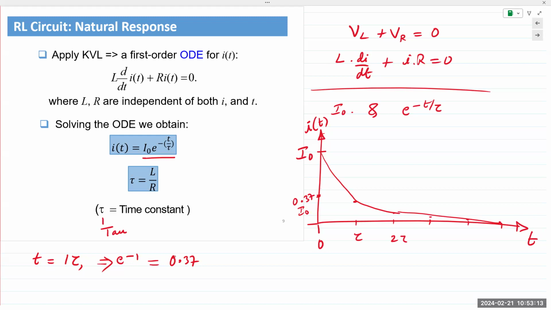You don't have to draw this out. There's a nice chart at the end of this chapter. It shows both charging and discharging on the same graph. But I just wanted to point out that no matter what the value of I0 is, it could be 1 amp, it could be 5.5 amps, milliamps, microamps, it doesn't really matter. If you have an RL or RC circuit, it always follows an exponential form. It always has the exact same form, whether charging or discharging.